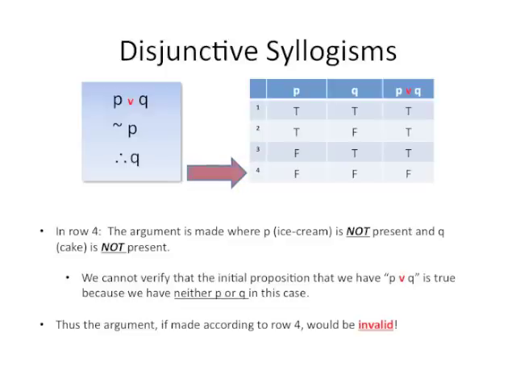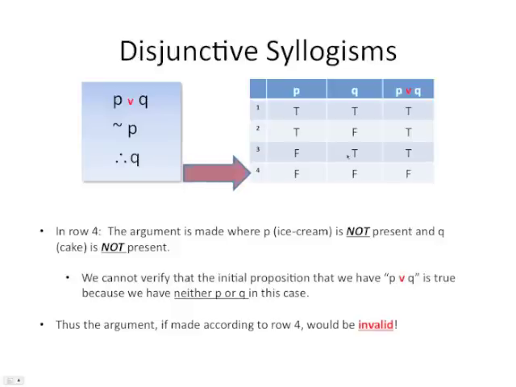Alright, so if we look at row 3 here, we made the statement P or Q. It's a truthful rule that we've made. And we look at P. Well, P is false in row 3. And so we look back at our syllogism.